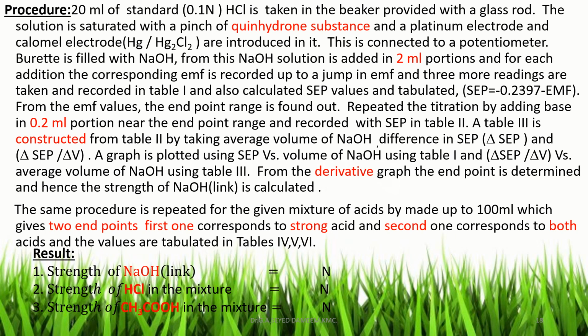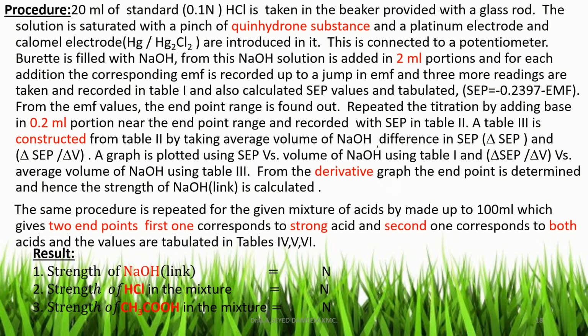From this, table 6 is constructed by taking the average volume of sodium hydroxide, delta pH, and delta pH divided by delta V. On plotting pH versus volume of sodium hydroxide, from graph 4 we get two endpoint ranges, and on plotting the average volume of sodium hydroxide against delta pH divided by delta V using table 6, we get two peaks.